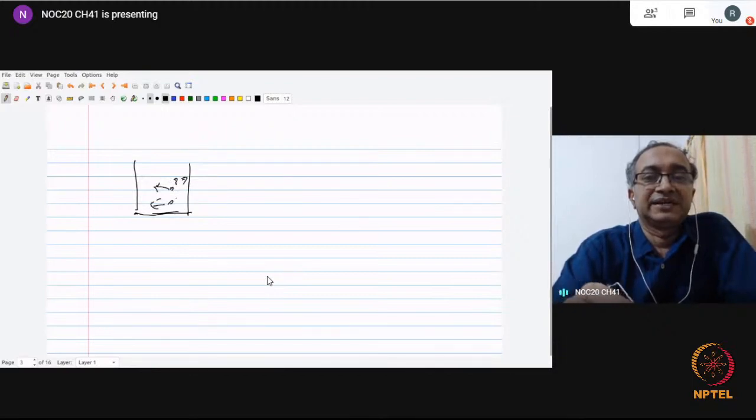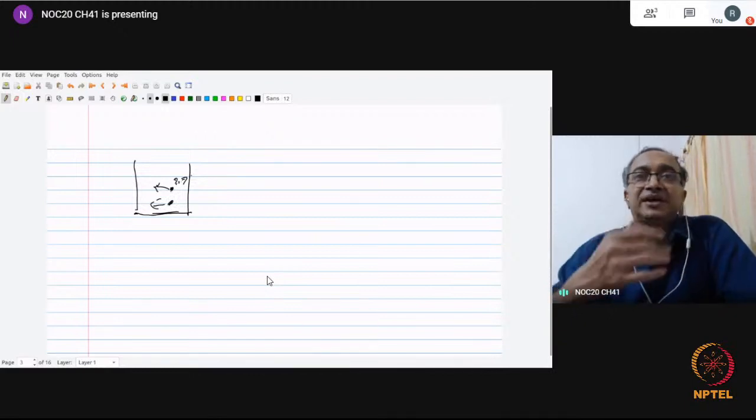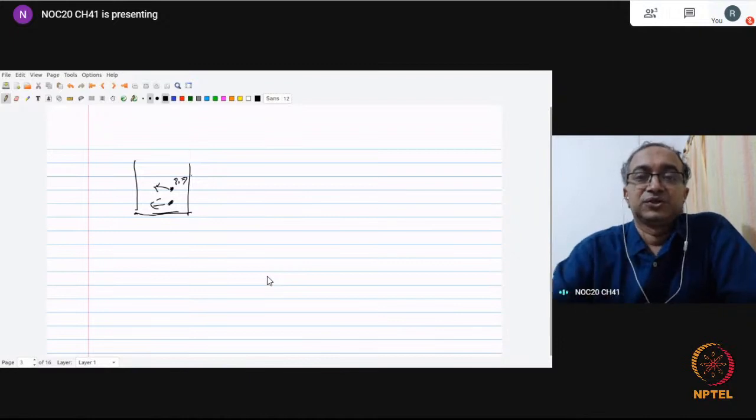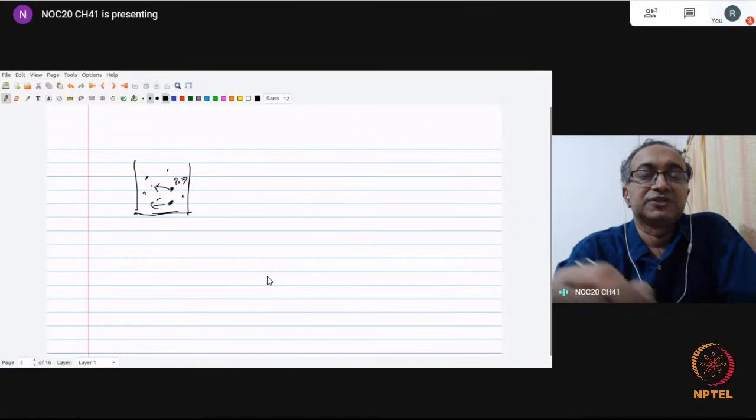We will never say that it's fixed in space. But in case of solid, we know that atoms and molecules are fixed in space and will only vibrate around each other.